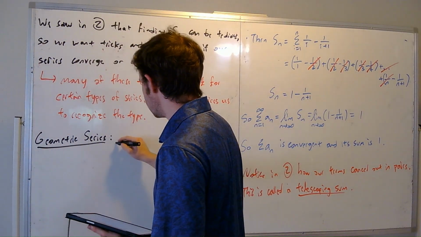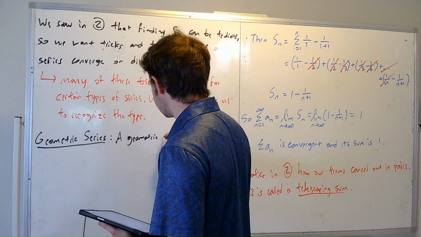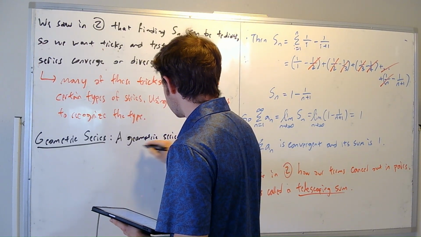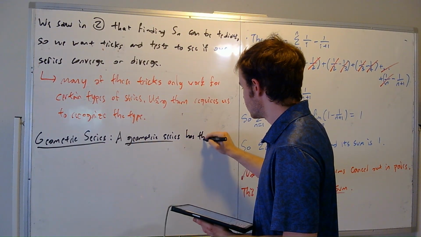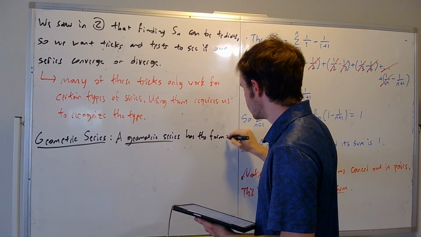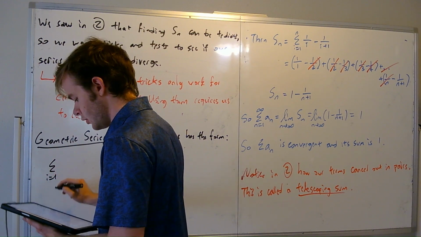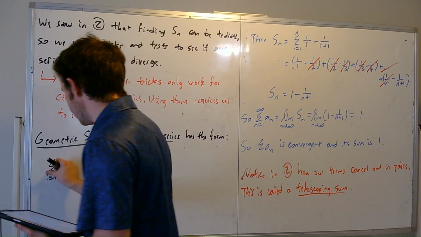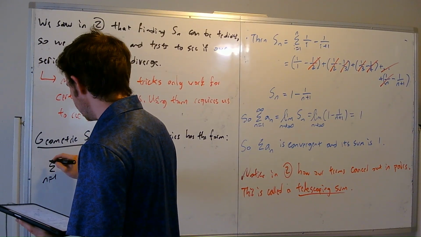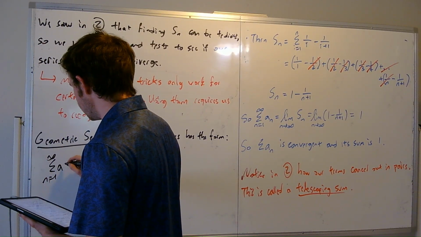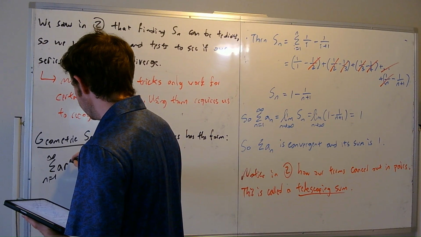Okay, so a geometric series has the form: the sum from n equals 1 to infinity of a times r to the n minus 1.